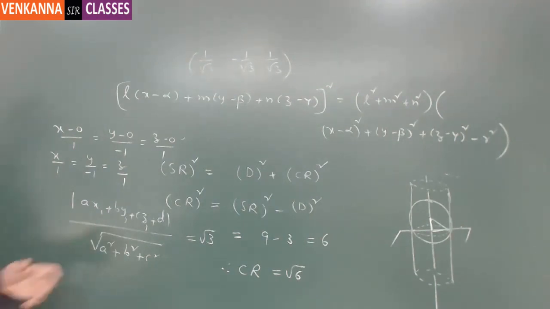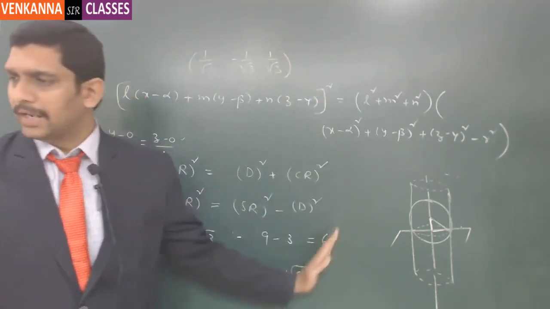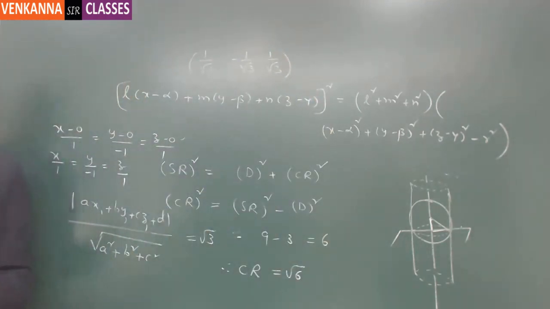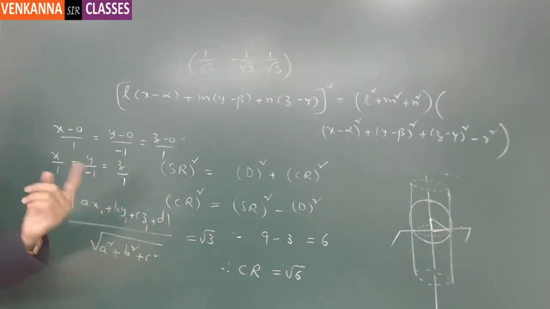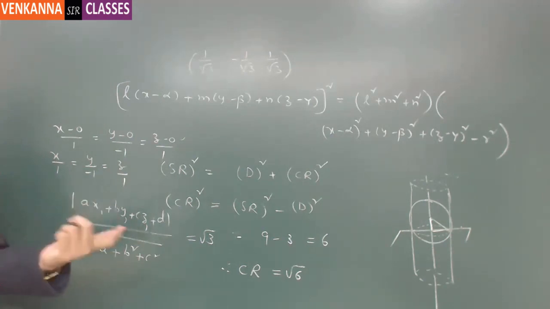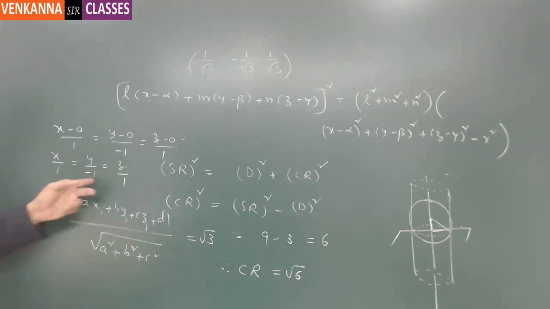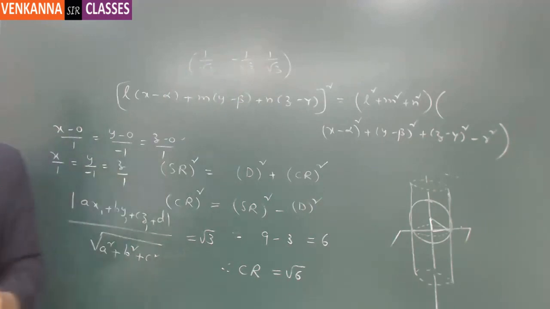So here just observe that this is the line perpendicular to the plane. So what are the plane DRs? 1, minus 1, 1, the coefficients of x, y, z. That's why I have written the values. You got it? And from these DR values, I have written the DCs like this. Clear now?